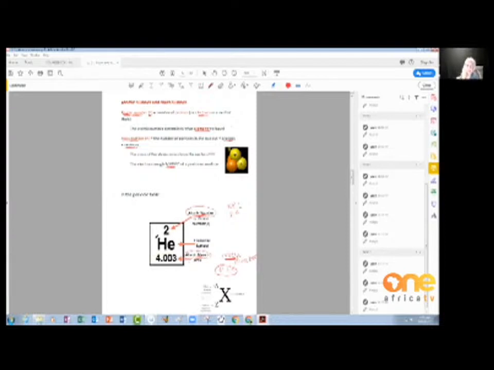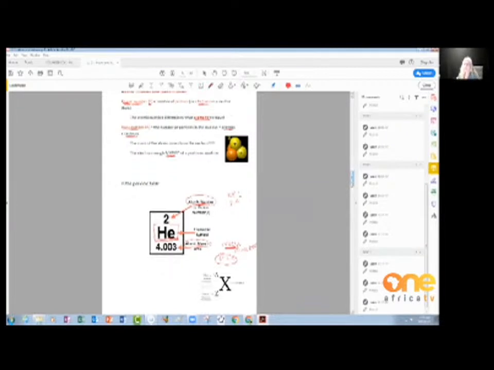And of course this would be the symbol of helium, of this element helium. And it's a good idea to memorize the first few elements in the periodic table at least. Slowly you're going to learn by heart up to the element with atomic number 20, the first 20 elements.